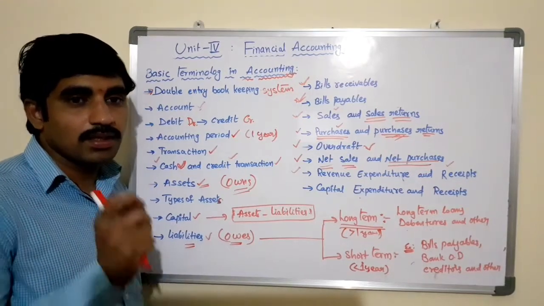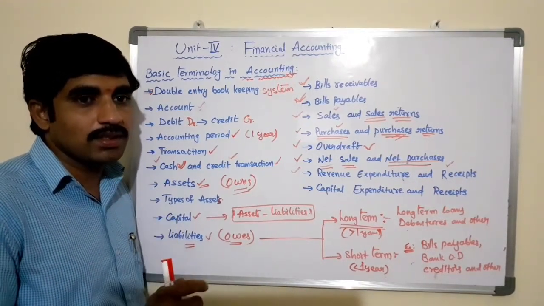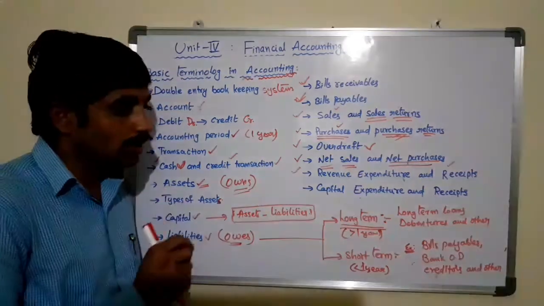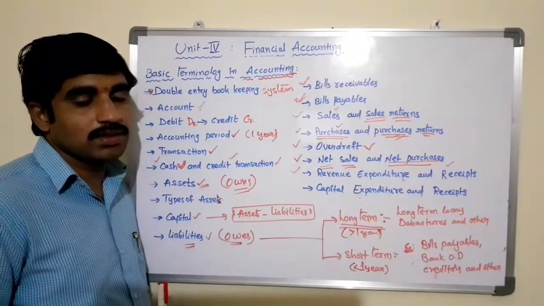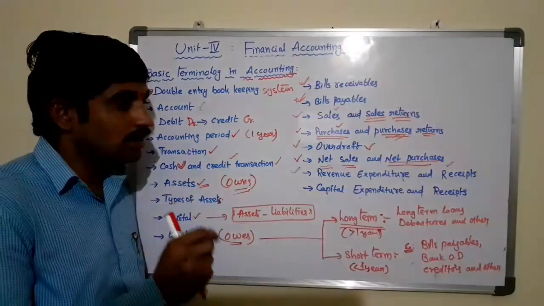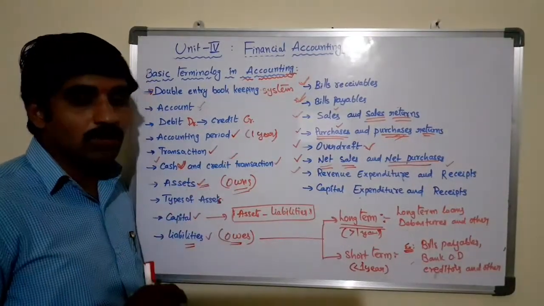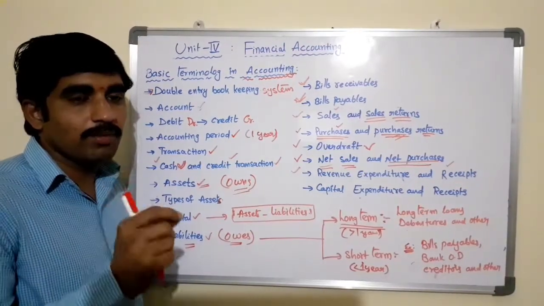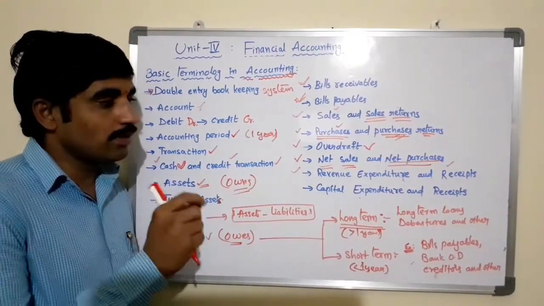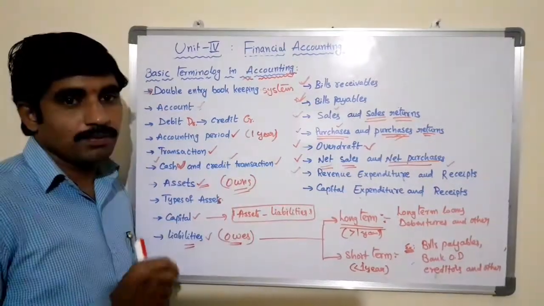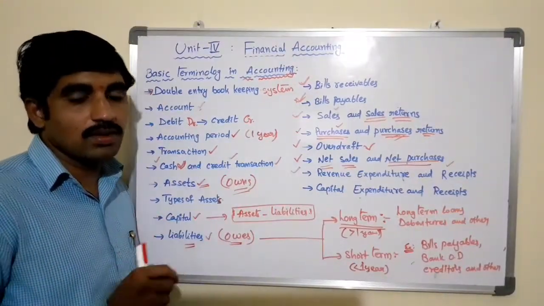Simply we can say the expenditure which we are incurring on running the business at present is known as revenue expenditure. So revenue expenditure is incurred from the working capital. Whereas revenue receipts means the amount received from the customers for selling the goods.